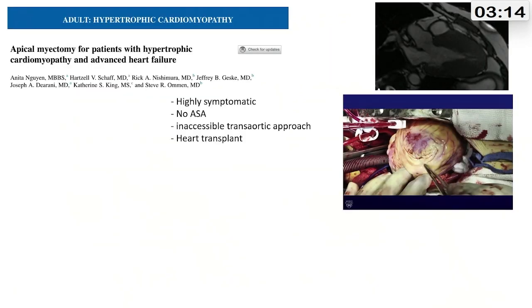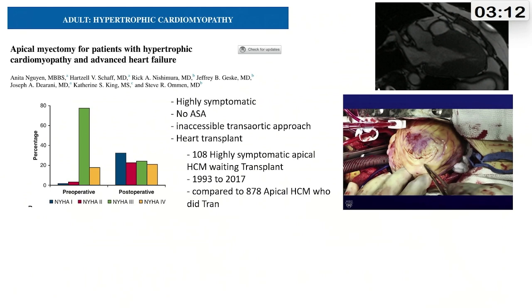In this nice study, of patients with apical hypertrophic cardiomyopathy waiting for heart transplantation, they compared 108 patients who underwent apical myectomy versus apical HCM patients who had already undergone heart transplantation, from 1993 to 2017.